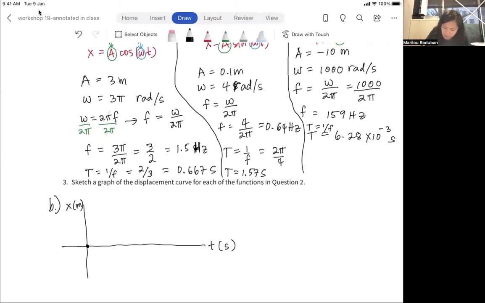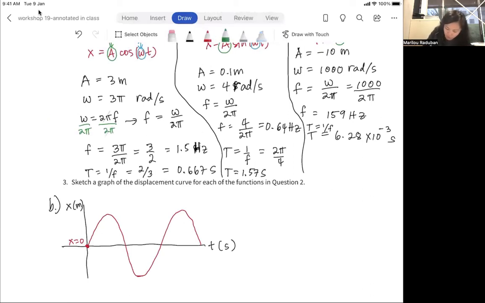So your object starts from the equilibrium position, x is equal to 0, and you have this sinusoidal graph.